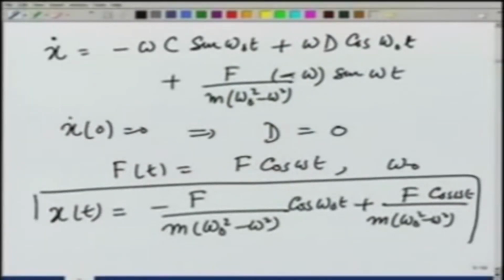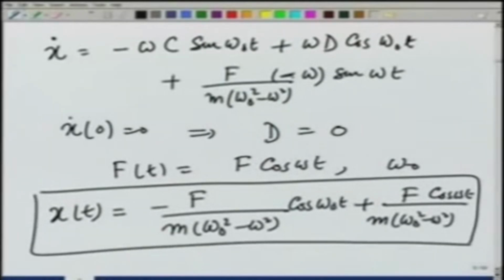This is the general solution. Let me write it clearly on the next page.